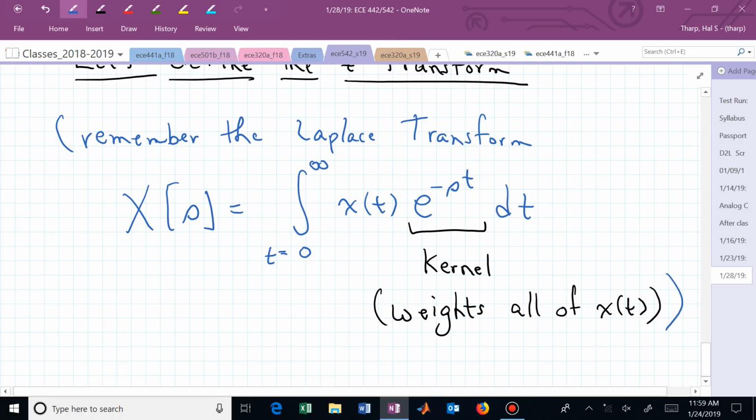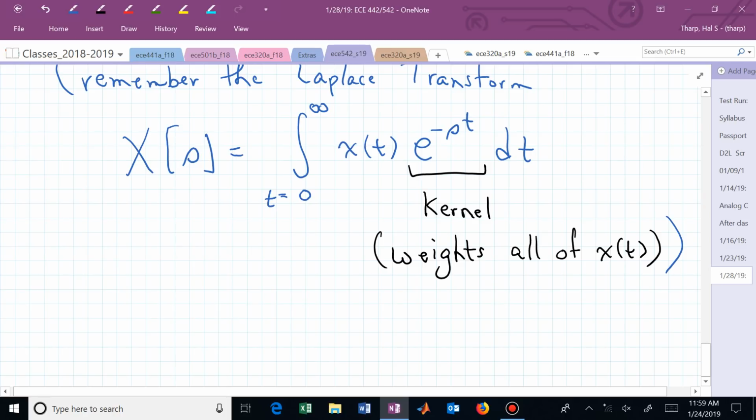now what I want us to remember relative to the Laplace transform, so that we can now move this into the z transform expression. Now to do that, suppose that we wanted to sample this time domain waveform little x of t.